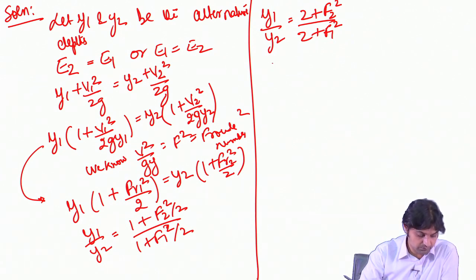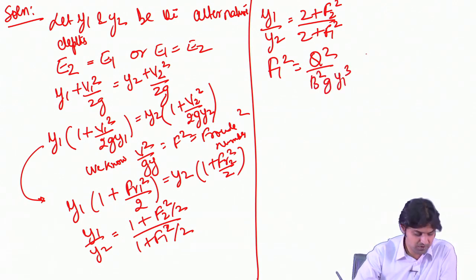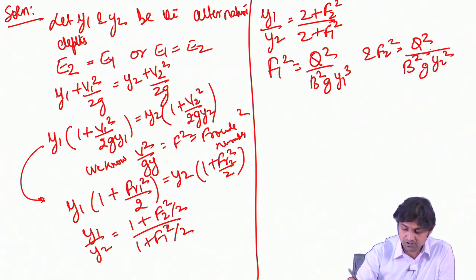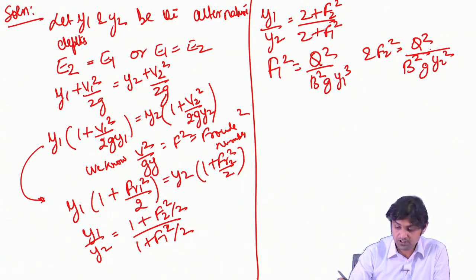Now F1 and F2 we already know. Instead of v, we can write in terms of Q: F1 squared is Q squared divided by b squared g y1 cubed, and F2 squared is the same thing, Q squared divided by b squared g y2 cubed, where b is the channel width.